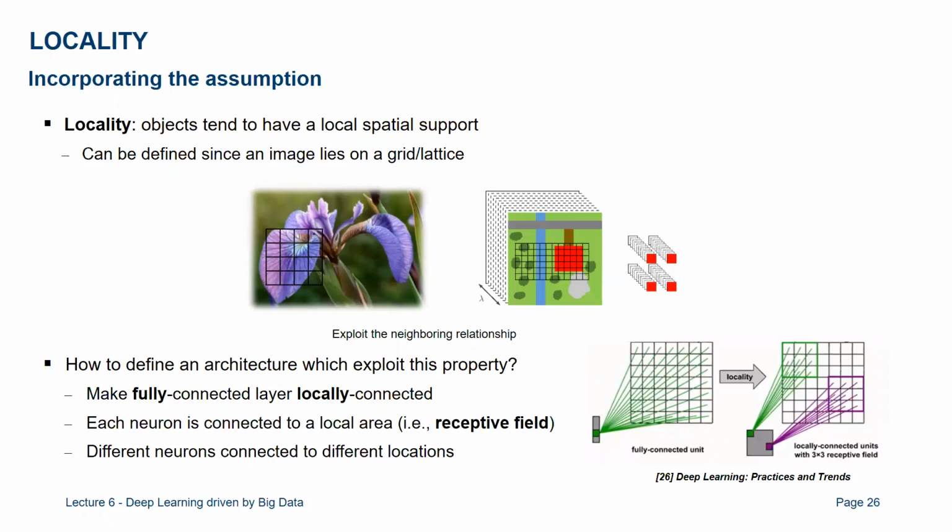So let's now talk about how to do that, and let's consider the concept of locality. We would like to incorporate this assumption into the architecture. By locality, we mean that generally objects tend to have local spatial support. Just imagine, for instance, the flower here.